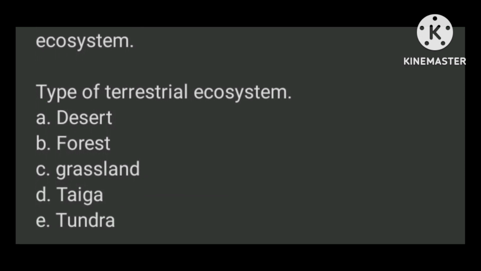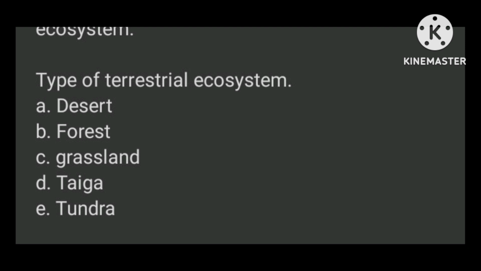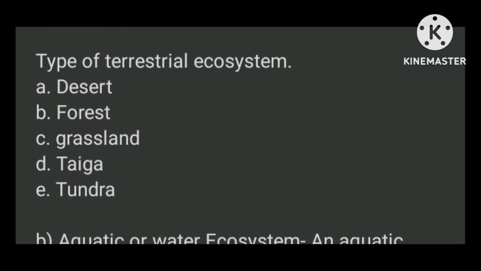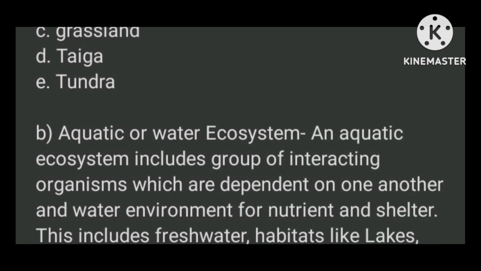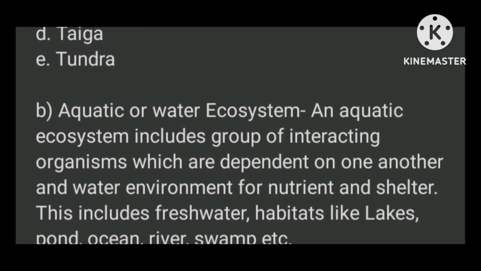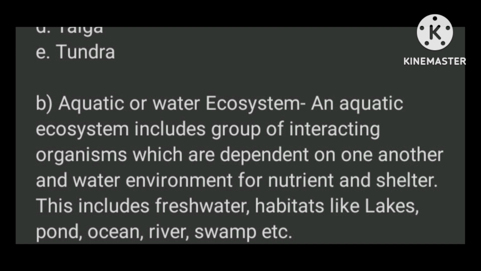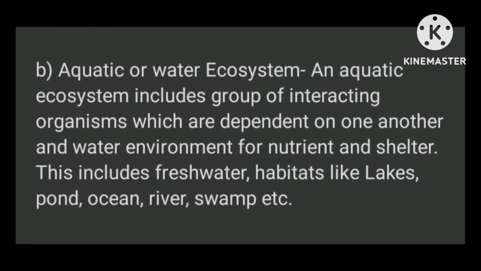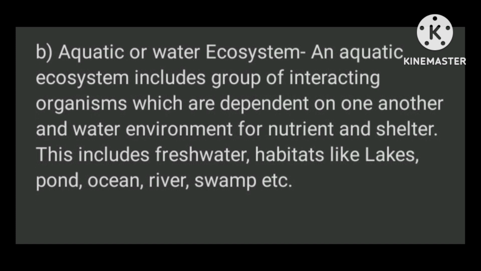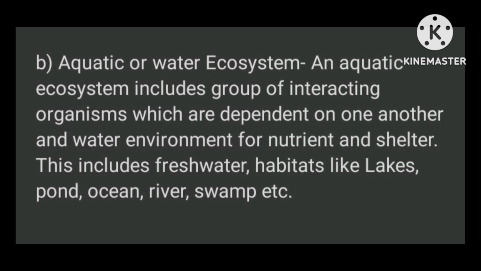Types of terrestrial ecosystem: A. Desert, B. Forest, C. Grassland, D. Taiga, E. Tundra. B. Aquatic or water ecosystem: it includes groups of interacting organisms which are dependent on one another and the water environment for nutrients and shelter. This includes freshwater habitats like lakes, ponds, oceans, rivers, swamps, etc.